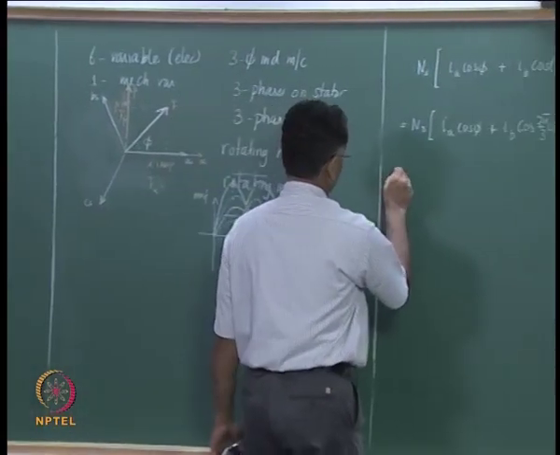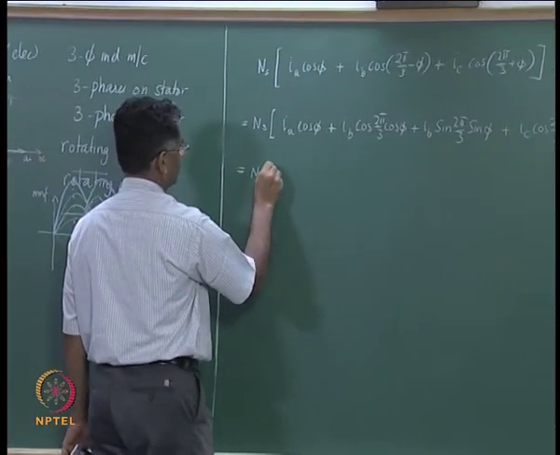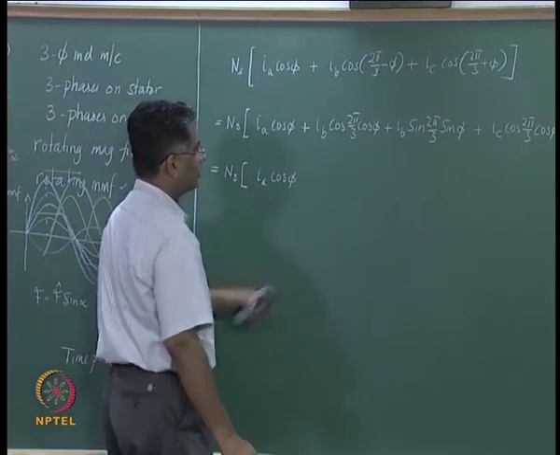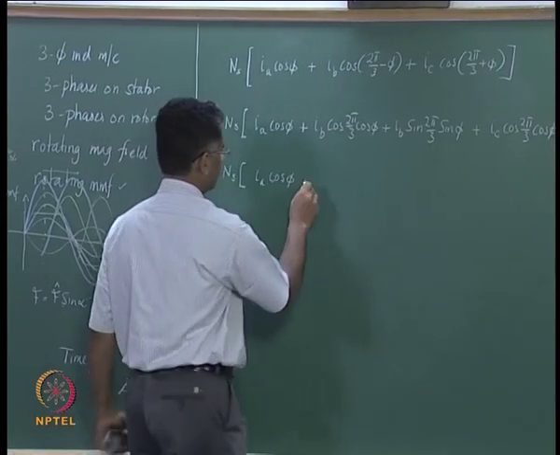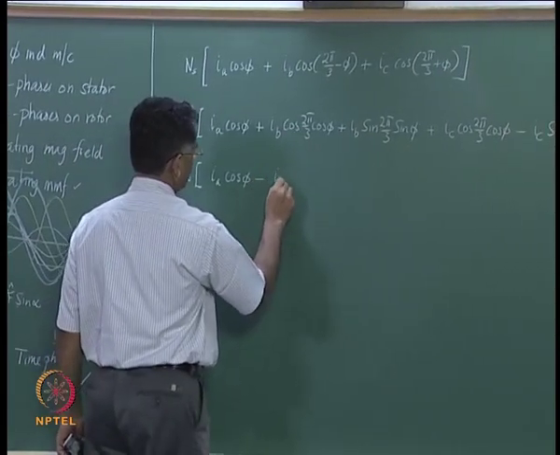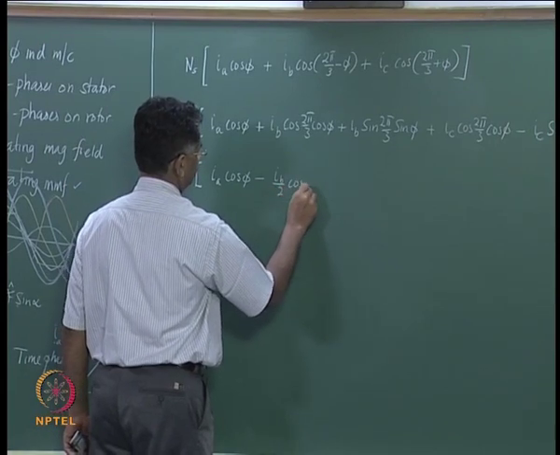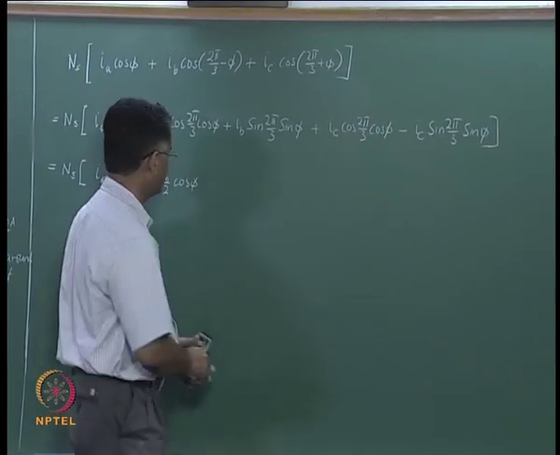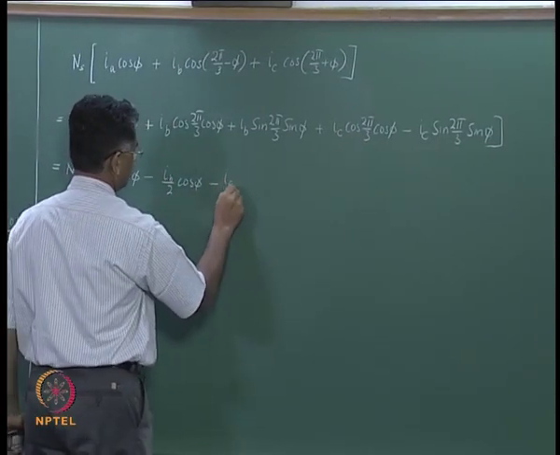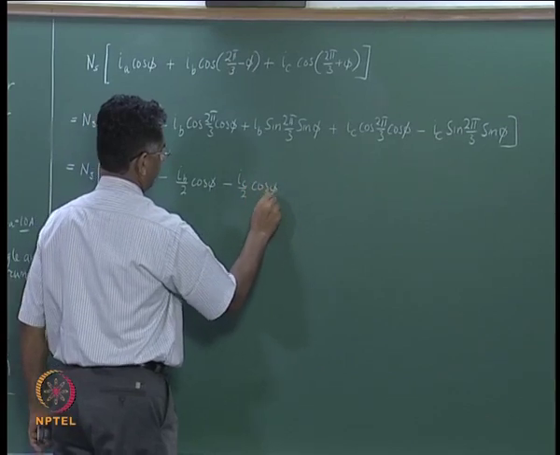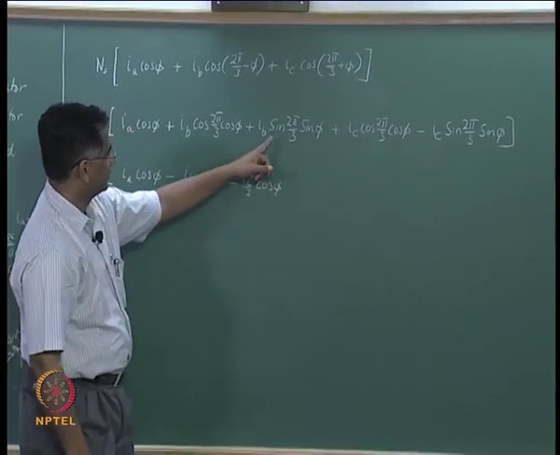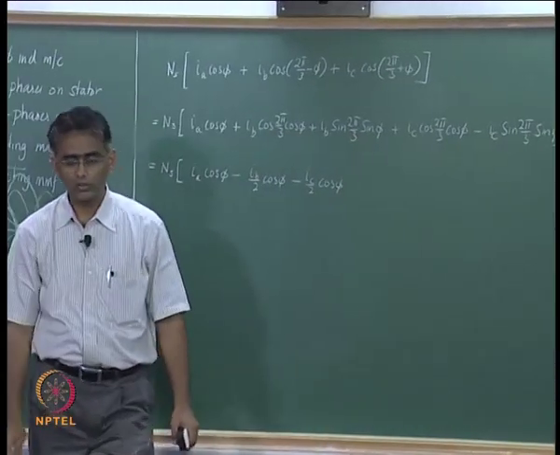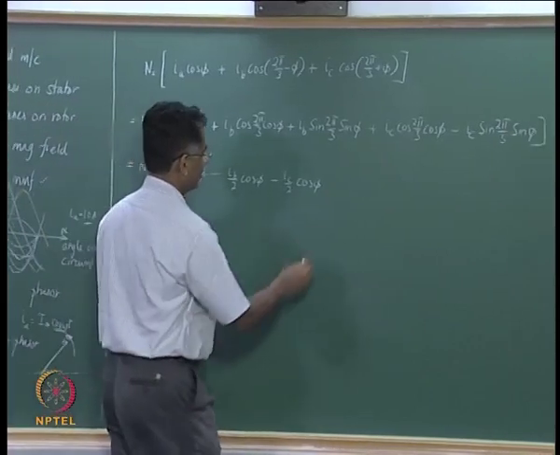Let us simplify this expression. So, this can be written as Ns into Ia cos phi, cos 2 pi by 3 is minus half, and therefore, this is minus Ib by 2 cos phi, and then let us take this expression again cos 2 pi by 3. So, minus Ic by 2 cos phi. Now, let us consider this one, sin 2 pi by 3 is sin 120 degrees, that is root 3 by 2.